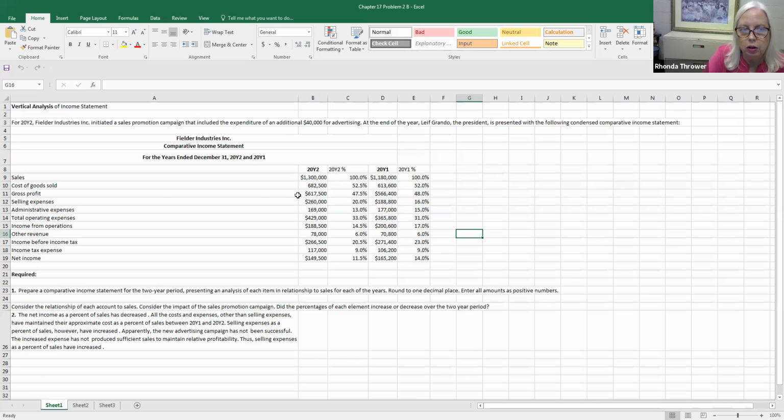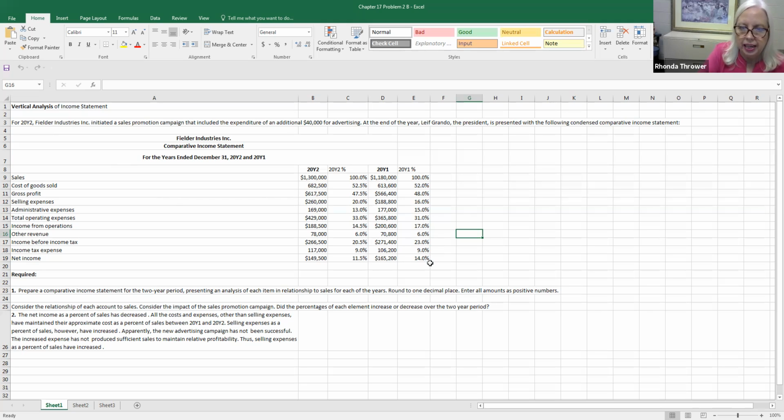But in this situation, we're just doing it based on vertical analysis. Vertical analysis means we're starting with an amount and dividing it by the sales figure, and that will give you the percentage of analysis. It allows you to compare 1 year to the other.